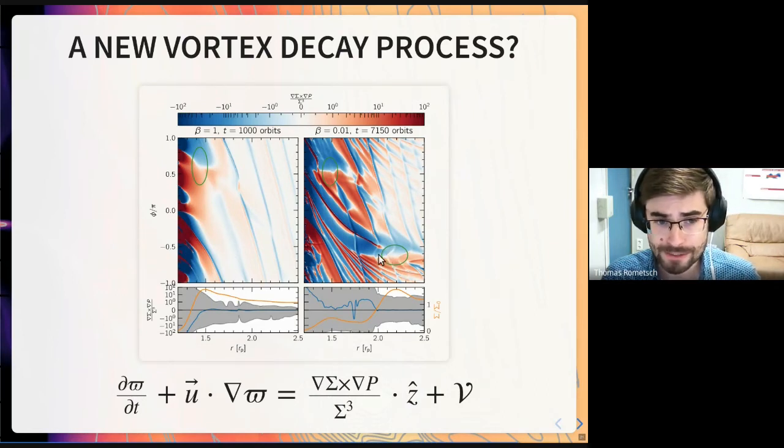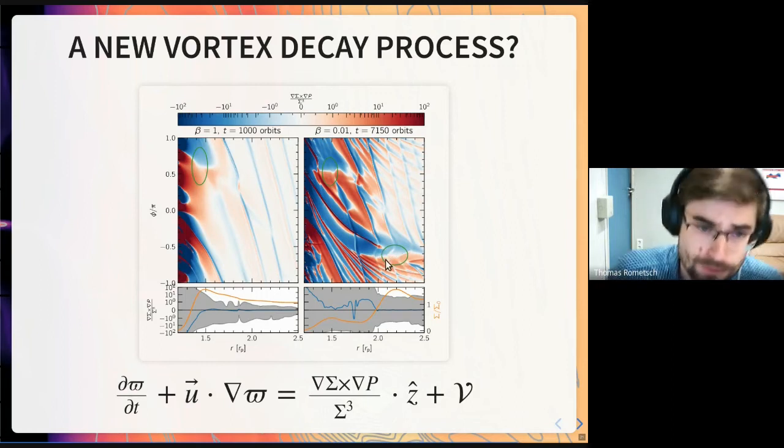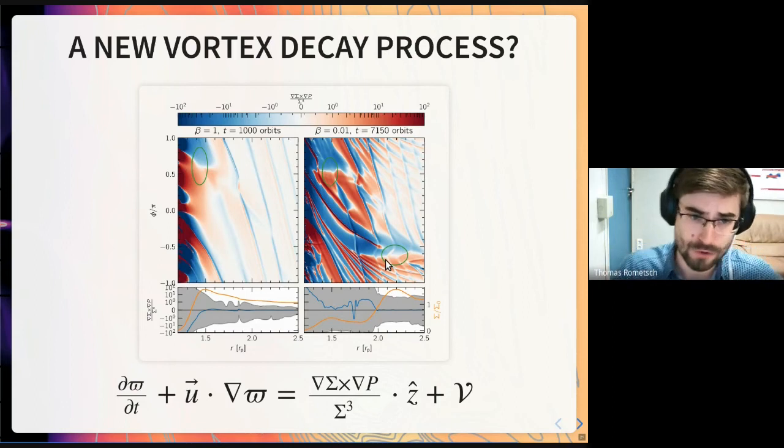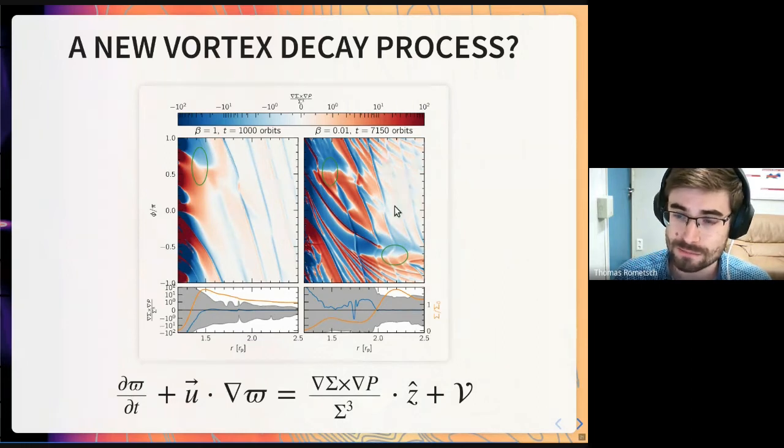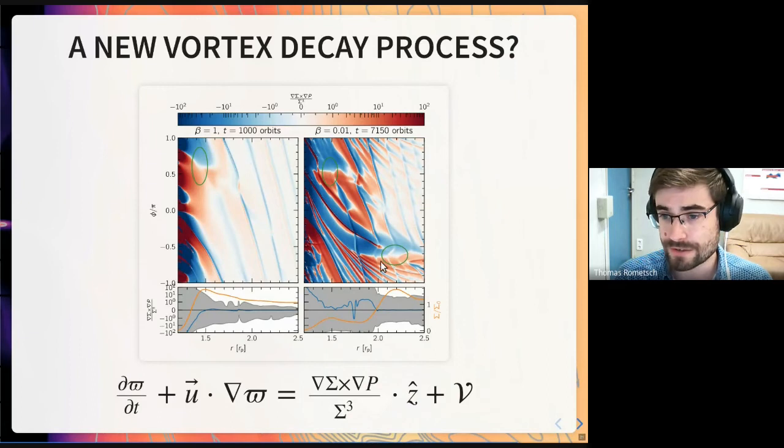In some sense, you can think about the change of vorticity, or the decay of vortices, as given by the integrated value of this over time. So as the vortex moves around in the disk, you have to integrate these values, and then you know how your vorticity changes. And that's quite messy.